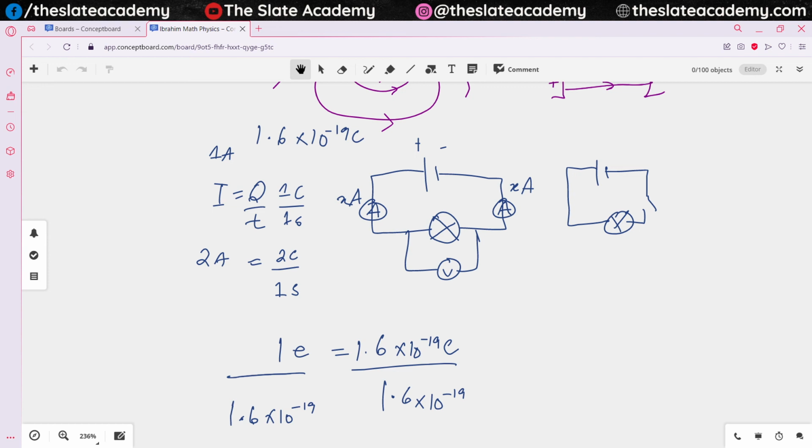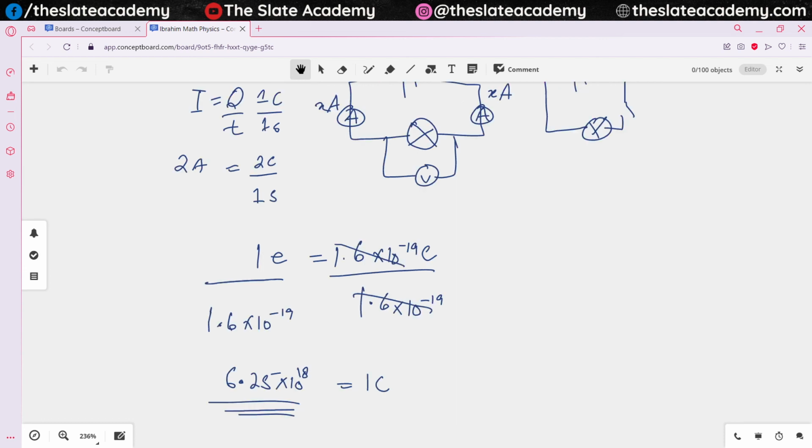On the right hand side I will have 1 coulomb, and on the left hand side it gives me 6.25 into 10 to the power 18 electrons. So these many electrons are there to make up 1 coulomb.